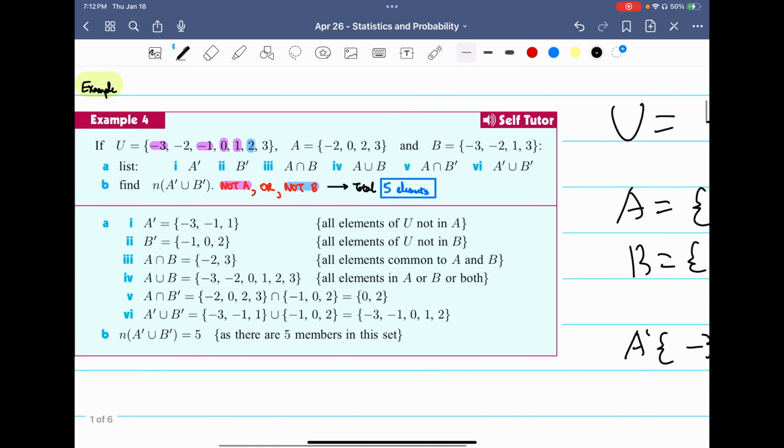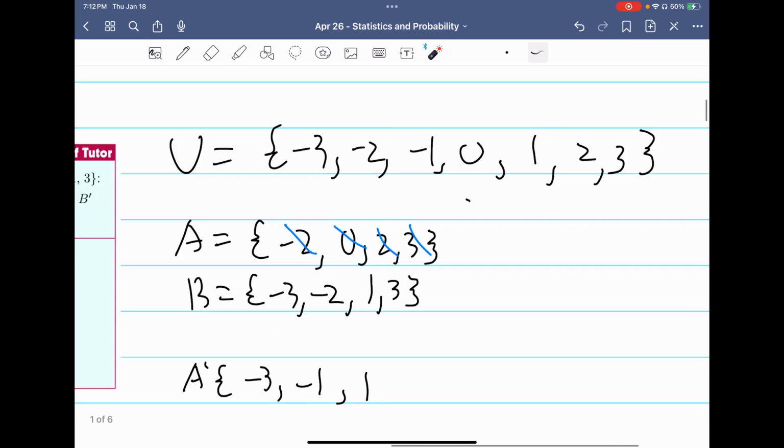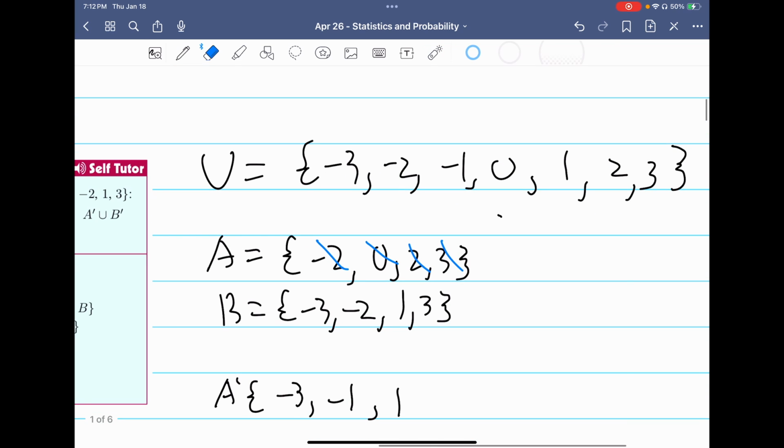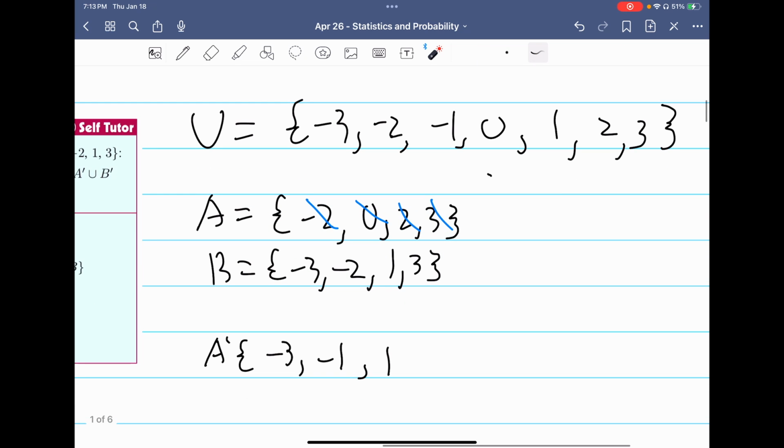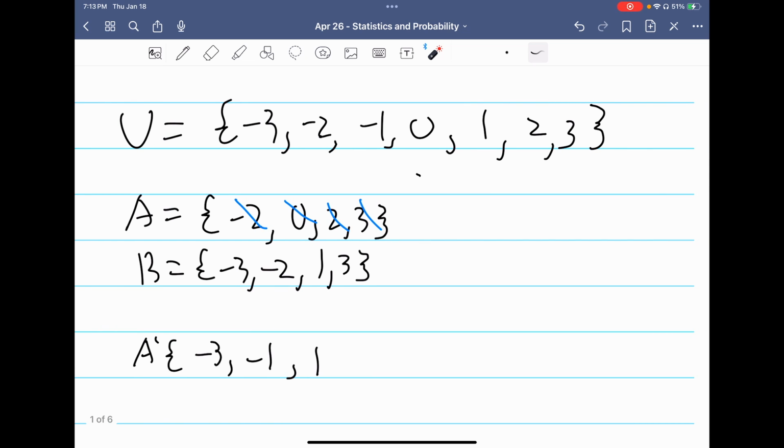And we're going to look for B naught. In this case, we're going to erase all the numbers within B in the universal statement, and the leftover numbers are going to be B naught.